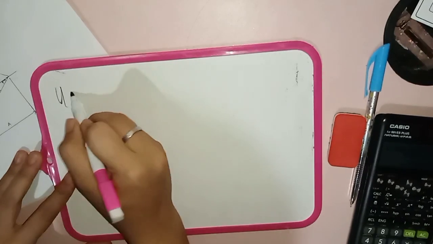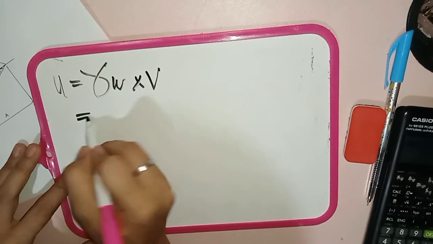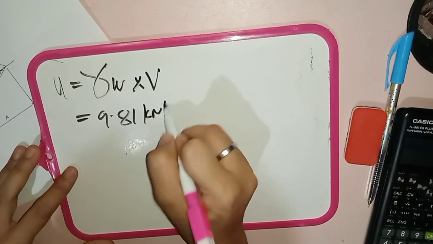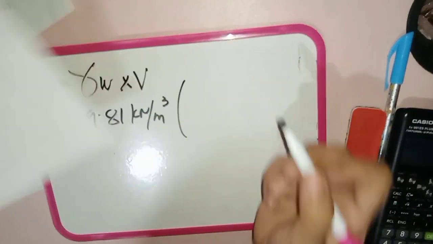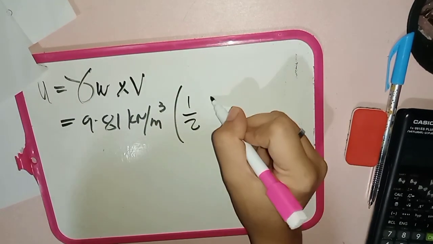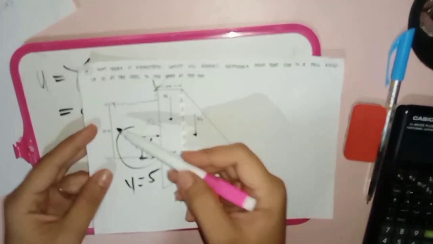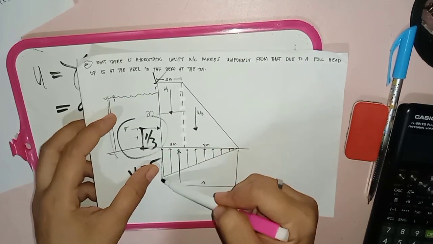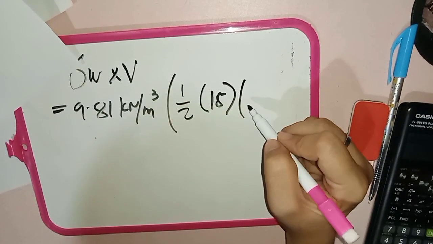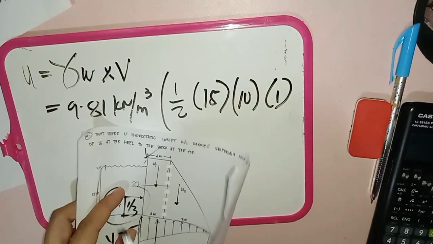So what we will compute here is the uplift. The formula for uplift is unit weight of water times volume. Our unit weight of water is 9.81 kN per cubic meter. Since our uplift is a triangle, the volume is 1/2 times 15, since 15 is our height of water, times 10, our base, times 1.